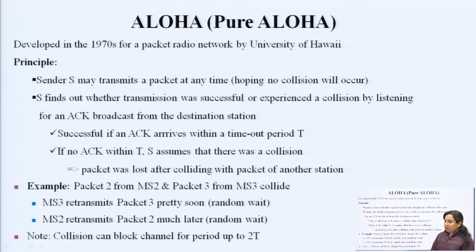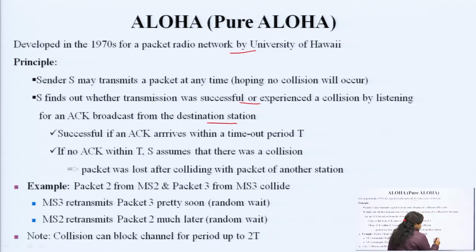Aloha, or pure Aloha, was developed in the year 1970 for a packet radio network by the University of Hawaii. Its principle is that sender S may transmit a packet at any time, hoping no collision will occur. Then S finds out whether the transmission was successful or experienced a collision by listening for an acknowledgement broadcast from the destination station.